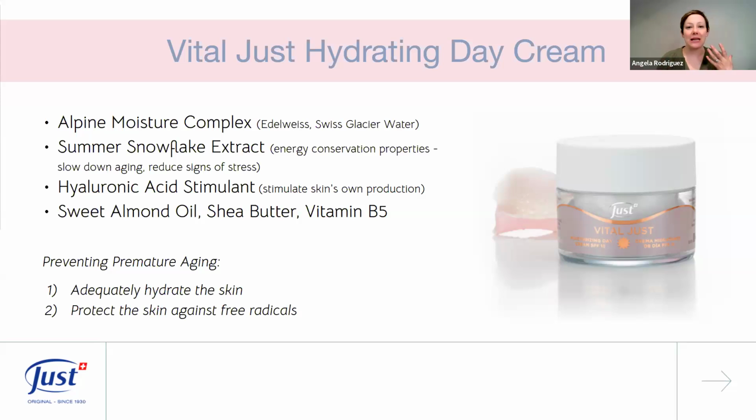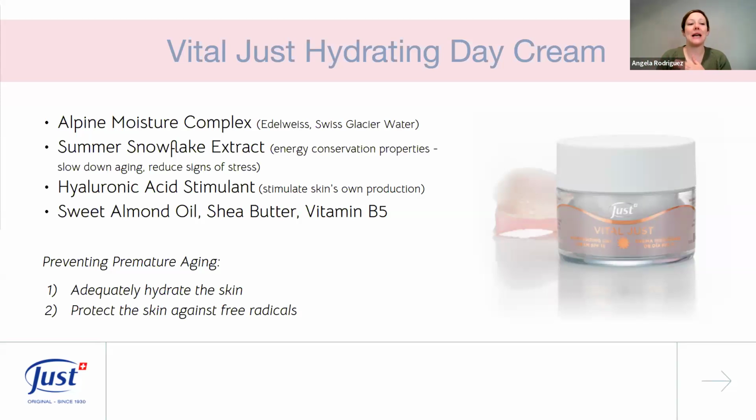It's going to slow down signs of aging, reduce signs of stress on our skin. So this is a really powerful extract that is included in this daily moisturizer. Also used is a special hyaluronic acid stimulant, which is actually going to stimulate our skin's own production of hyaluronic acid to help it keep itself moisturized.